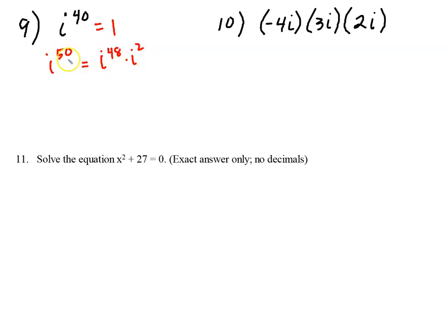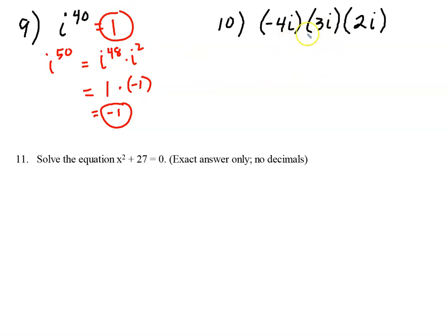So I could rewrite i to the 50th like this, knowing that i to the 48th is just 1, and we've already talked many times how that i squared is negative 1. I know that's not on your review sheet, but just trying to give you an idea that anytime you have i raised to a multiple of 4 power, it's always equal to 1. So that's the answer to the review sheet problem.